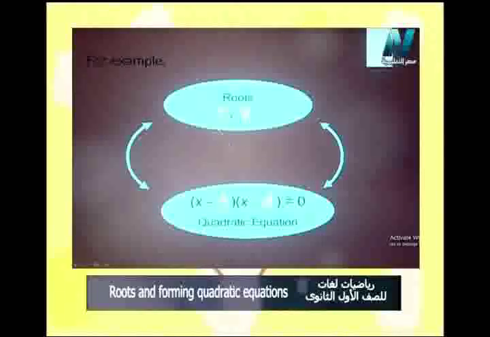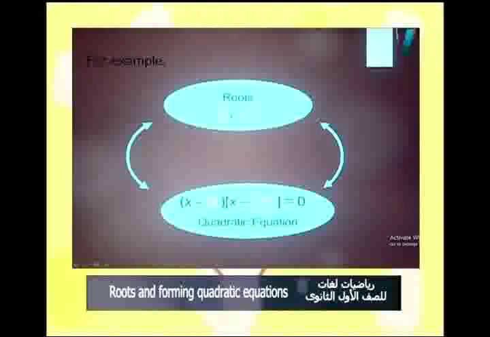Yes, put the two roots here. If the two roots are 1 and 2, then the quadratic equation will be x minus 1, which is the first root, and x minus 2, which is the second one. If the two roots are 0 and negative 4, it will be x minus 0 and x minus negative 4.